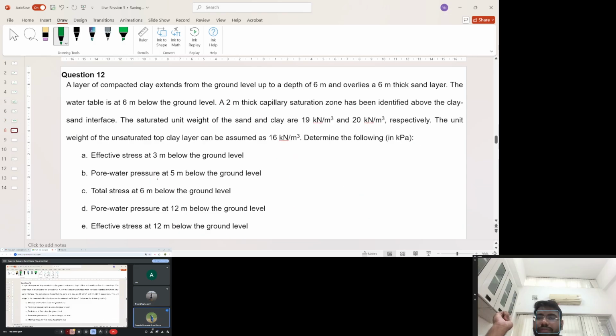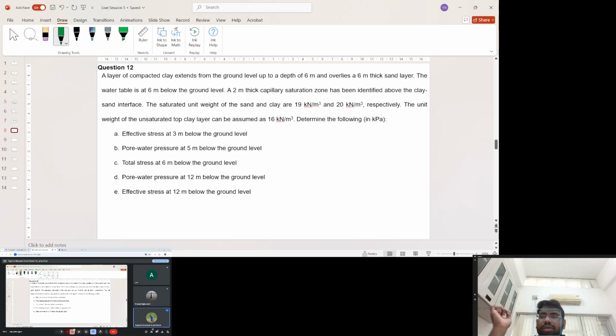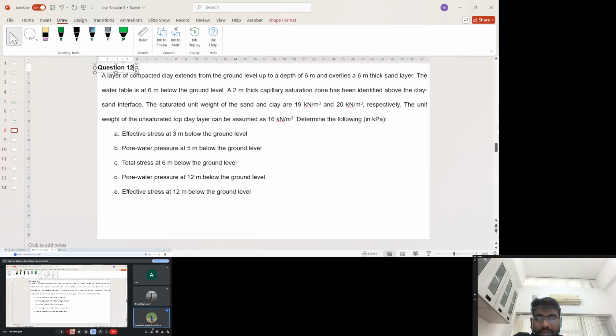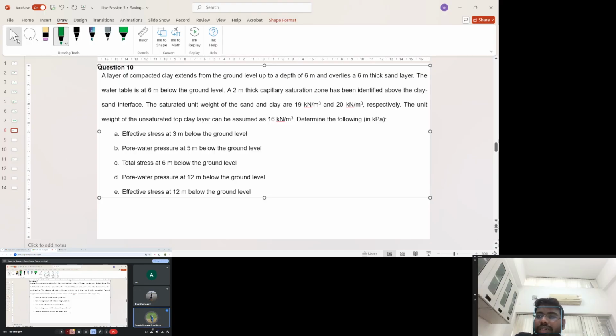So moving to the next question. A layer of compacted clay extends from ground level up to a depth of 6 meters and overlies a 6 meter thick sand layer.